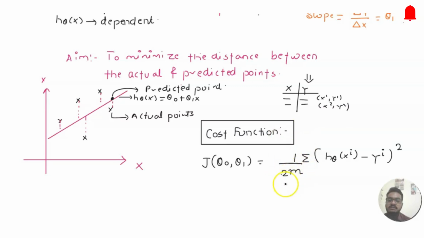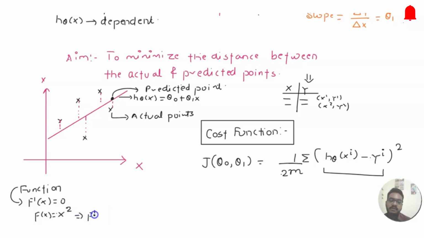The reason for that is that whenever we study minimizing a function, we generally find its derivative and equate it to 0. From there, we try to minimize it. And here we have a square of these distances. So if we find the derivative of, let us say, x square, it is 2x.